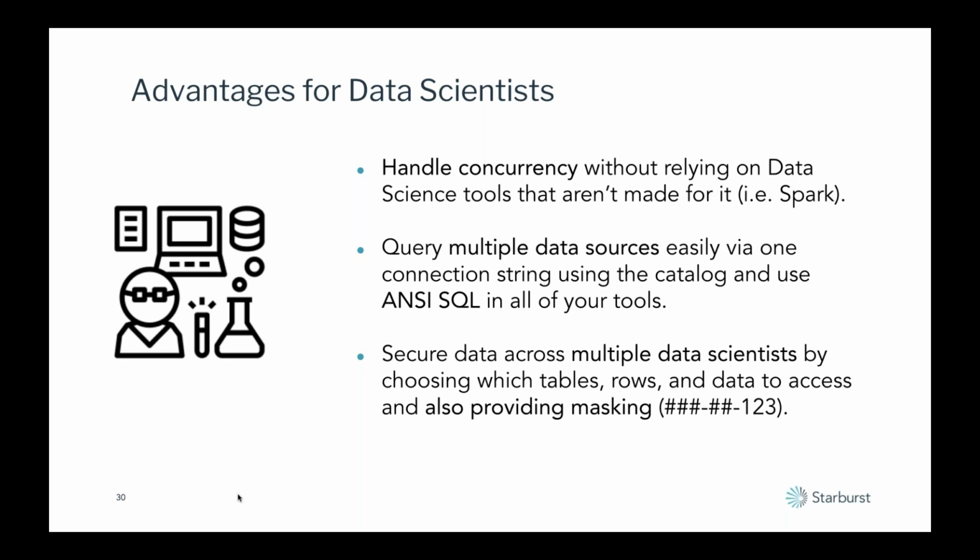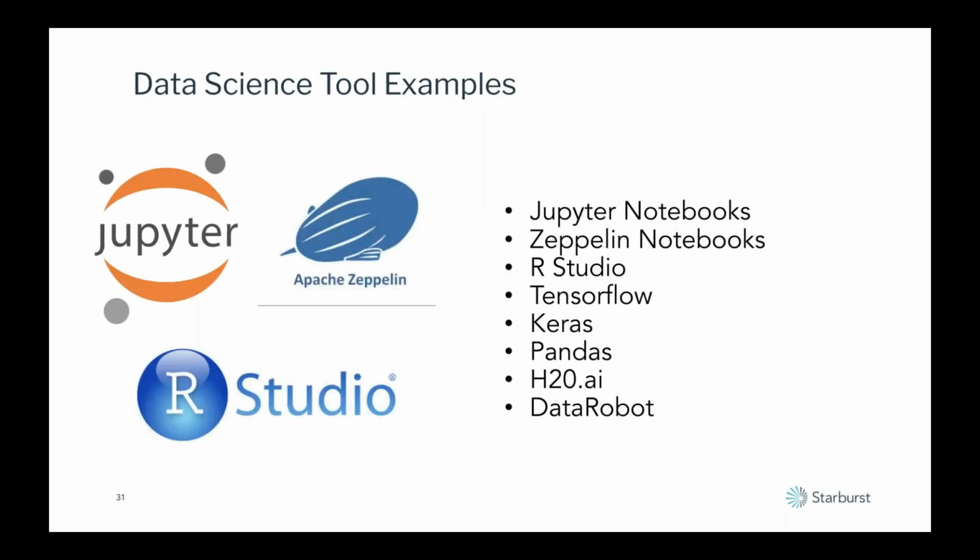Oftentimes, if there is no mechanism to do that, organizations choose not to give access to the data, therefore limiting the ability to do analysis. But in many cases, this private or sensitive information that needs to be filtered, like phone numbers and social security numbers, is not really used for analysis. So when you have this capability, it opens up a whole set of other data that can now be accessible to the data scientists.